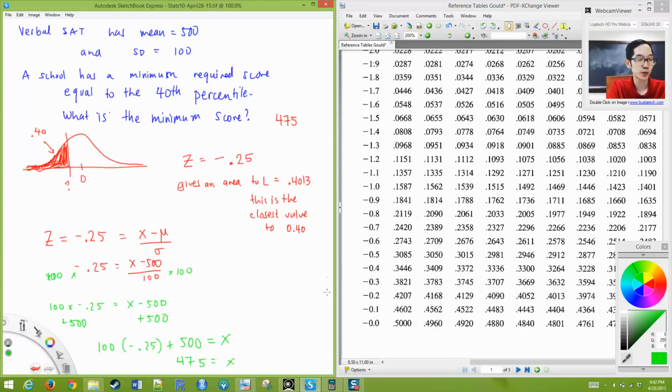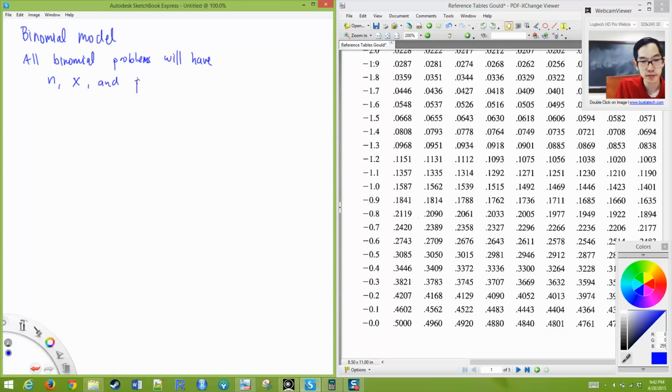You first look up n equal to 4 right here. Within n equal to 4, you look up x equal to 3. And then you go to the column where p is equal to 0.2. You guys see this? And the answer to your question will be 0.026.